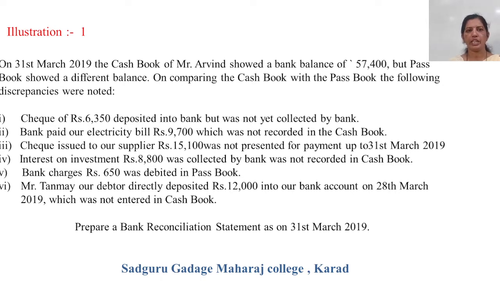Third, a check issued to our supplier rupees 15,100 was not presented for payment up to 31st March 2019. Interest on investment rupees 8,800 was collected by bank but not recorded in cash book. Next, bank charges rupees 650 were debited in the passbook.